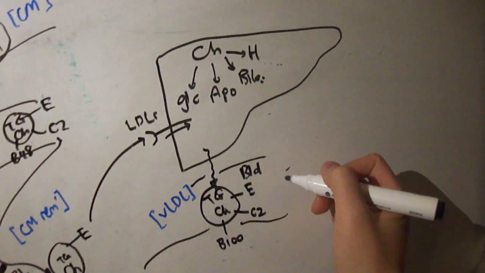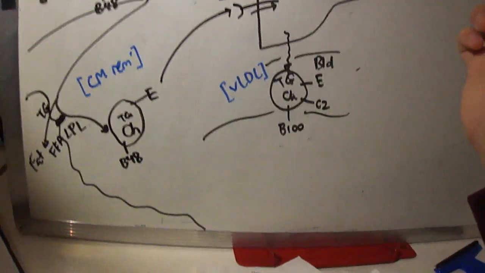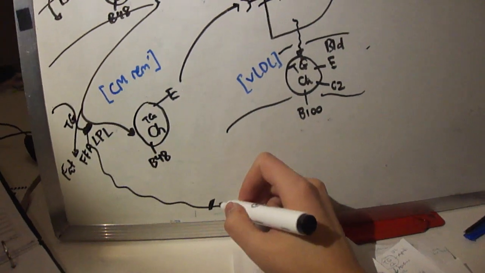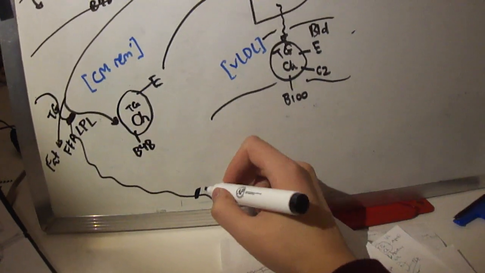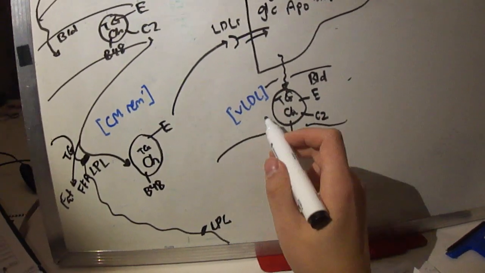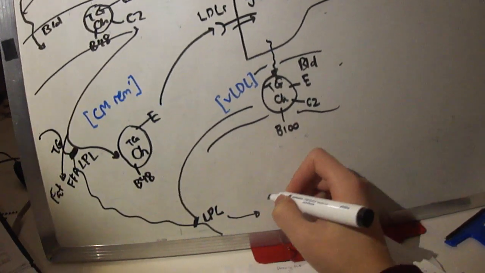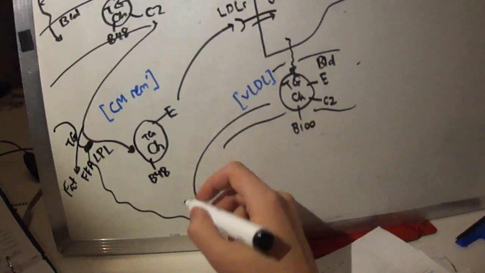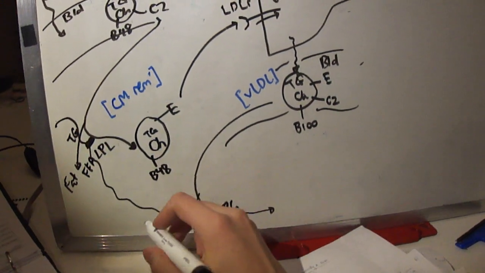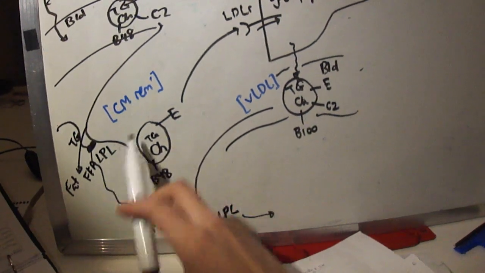Then this VLDL is going to move through the blood and encounter some fatty tissue, and the C2 is going to track this particle to the fat, where the lipoprotein lipase is going to take the triglyceride from this particle into the fat in the form of free fatty acids, just like what happened to the chylomicron.